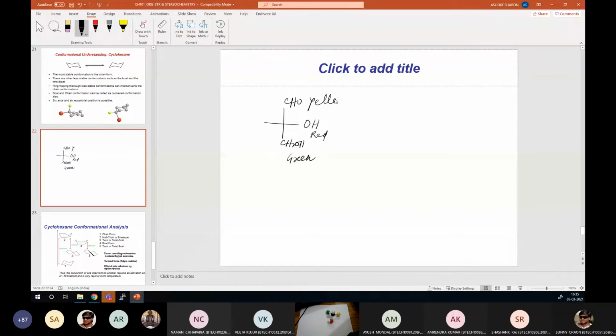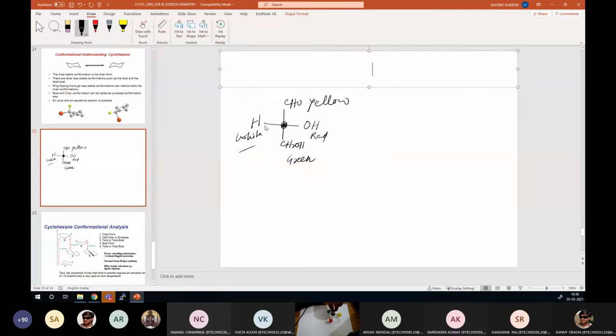This is yellow, and white is hydrogen, and the center is the carbon, that is black. So this is the structure you have in front of you now.